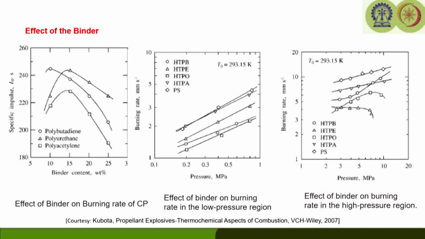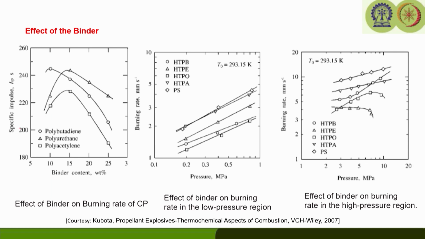Now, if we look at the first plot, where polybutadiene, polyurethane and polyacetylene have been compared with a different percentage of binder content, starting from 7.5 to 25 or more, we can see that the burning rate of AP composite propellants appears to be dependent on these thermochemical properties.